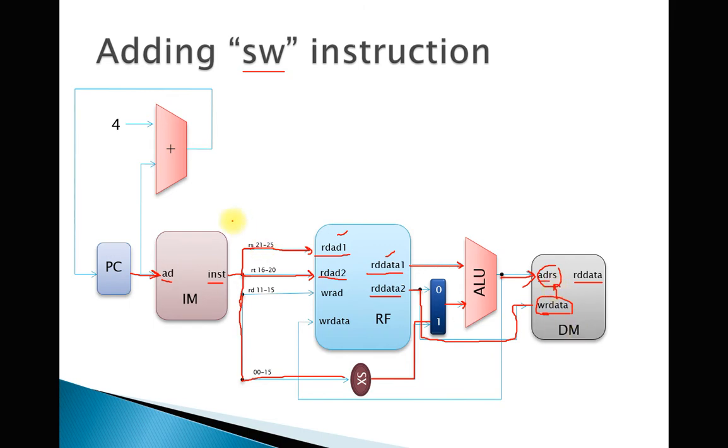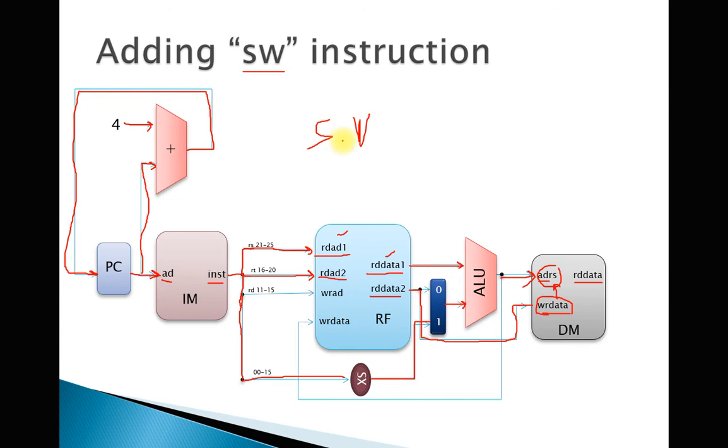This is how we solve store word. And then we also have to increment the program counter by 4 bytes. So we add 4 to the program counter. Now this is the data path for store word.